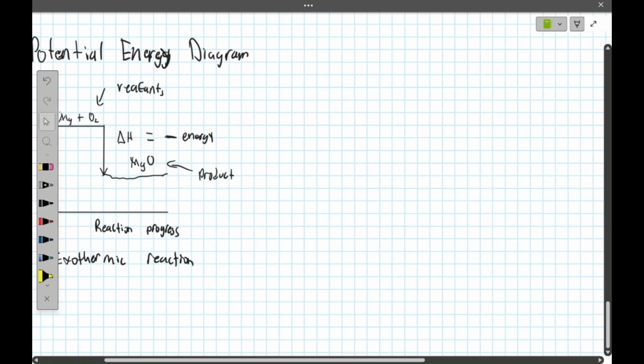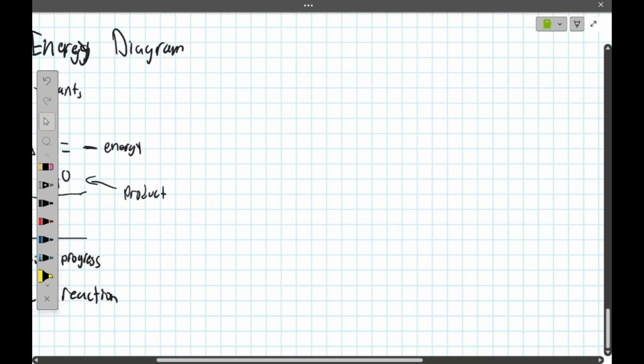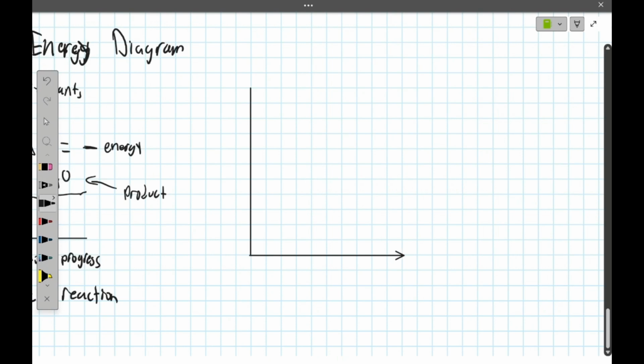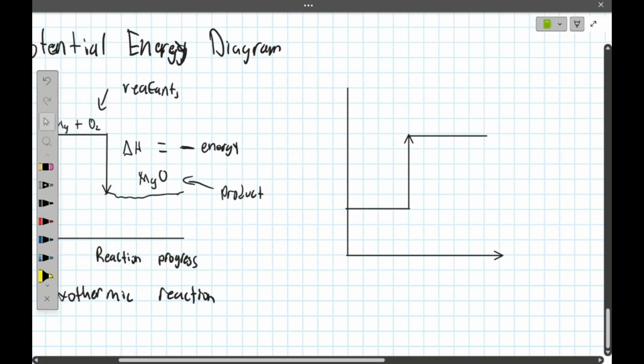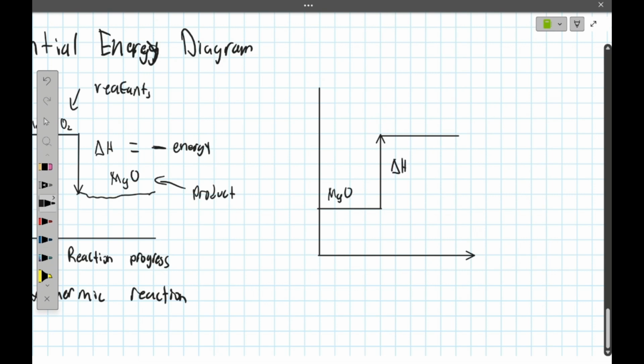Now let's look at the opposite, the endothermic. So we make our same graph. This time we start with low energy, then it shoots up, and there we go. So here we have MgO. Here is the change in enthalpy, which is going to be now positive energy.